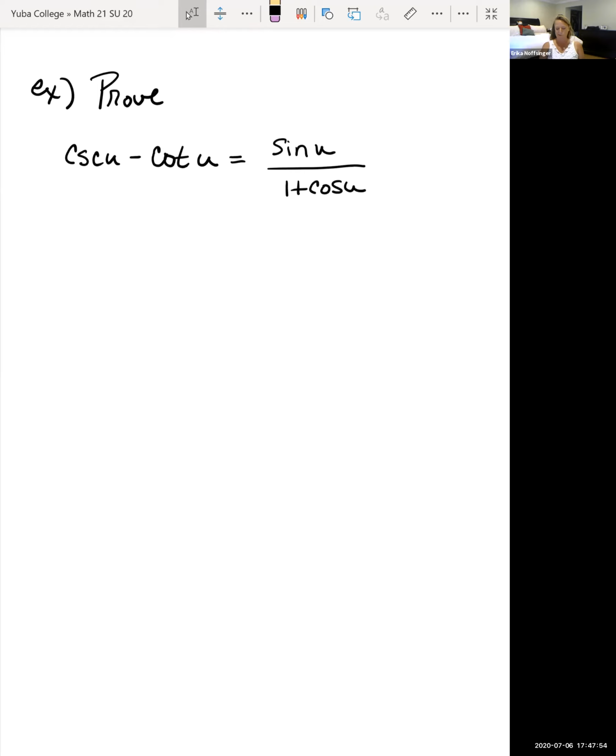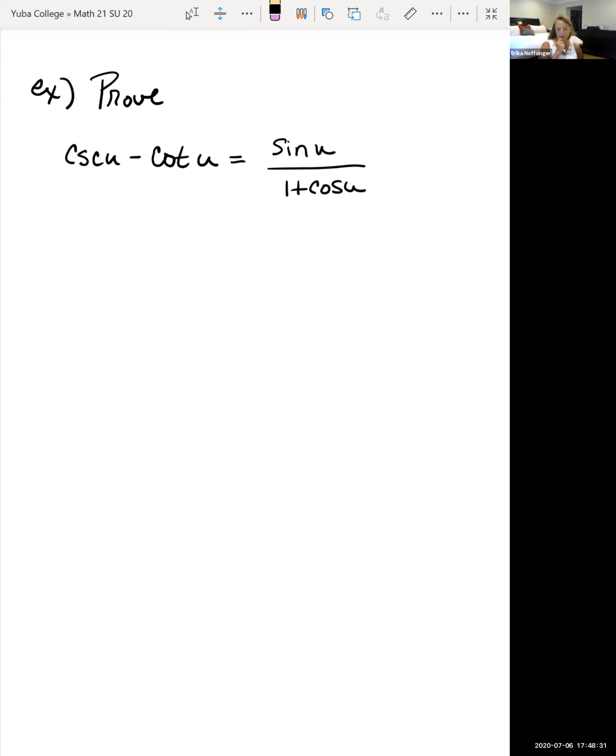I can see, if I worked with the right-hand side, sometimes it's helpful when you have fractions multiplying by the conjugate of the sum of two terms. So this 1 plus cosine u, if I multiply both the numerator and denominator by the conjugate, 1 minus cosine u, that can help us get our trig identities that cosine squared plus sine squared equals 1.